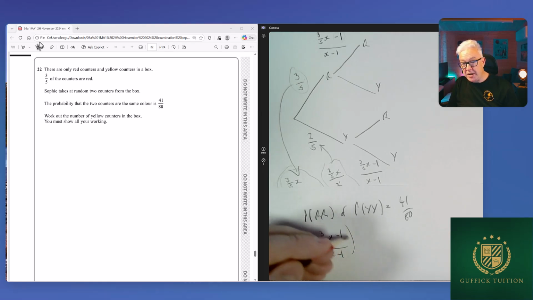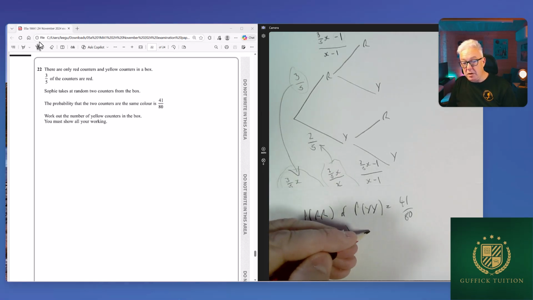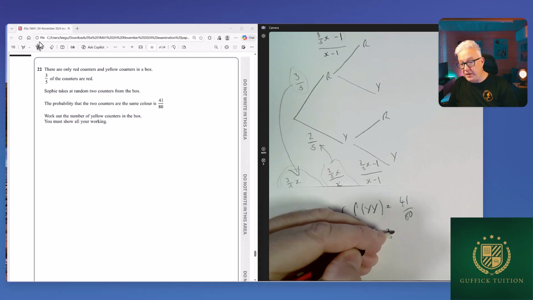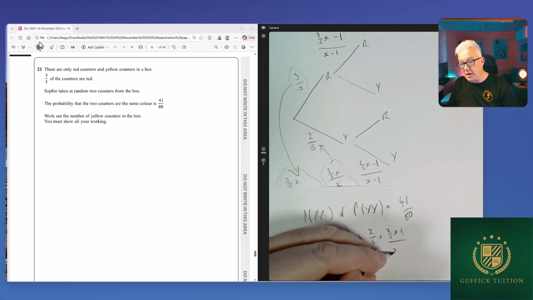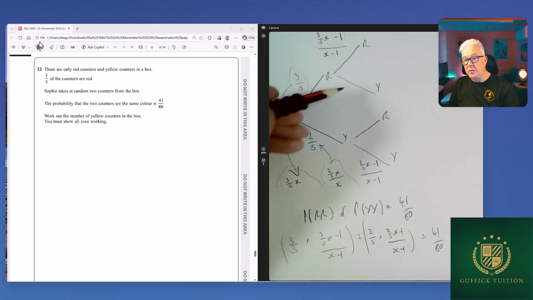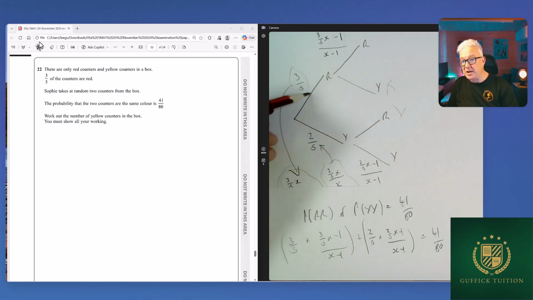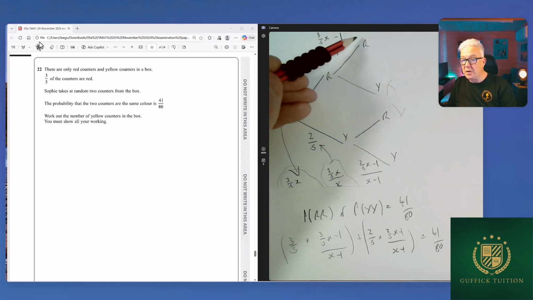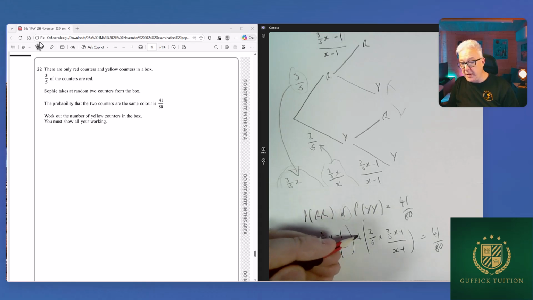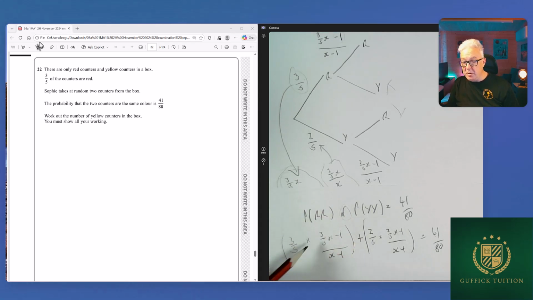So that's red, red, plus yellow, yellow, which is 2/5 times 2/5 of X minus 1 over X minus 1. So that's yellow, yellow, equals 41 over 80. Notice that we didn't need to worry about these branches here because we were only concerned with red, red or yellow, yellow. And because we've got the word or here, that's why there's a plus. So for them to be the same colour, it's red, red or yellow, yellow.